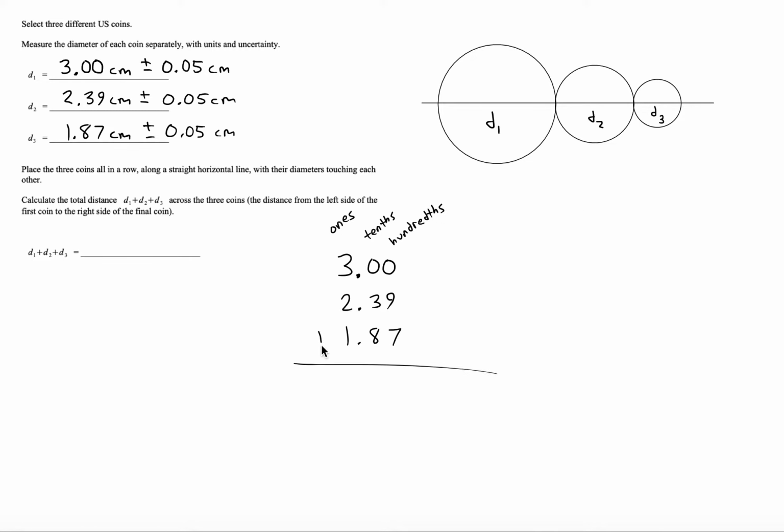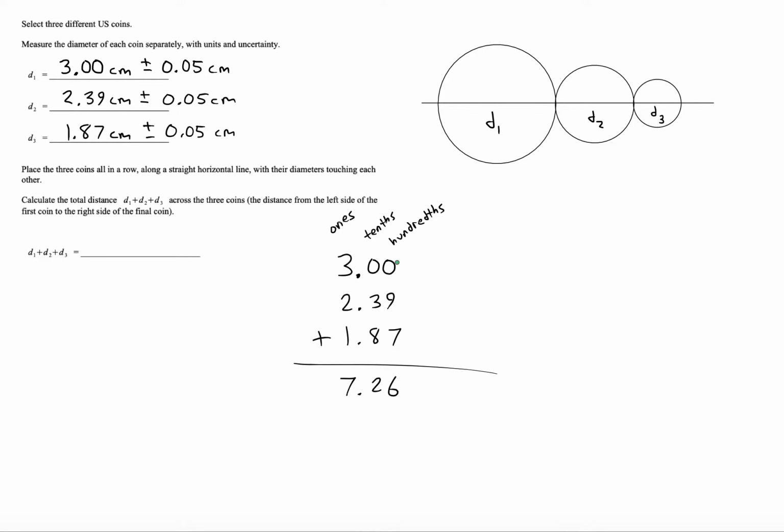All right, just add them. Now, according to calculator, the result is 7.26. And so far, I don't have to make any adjustment to that when it comes to the sig figs.